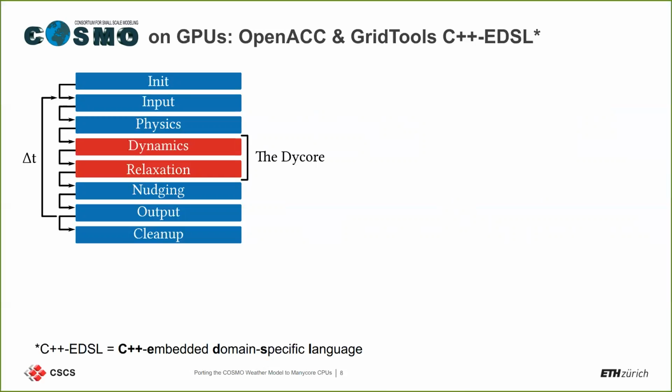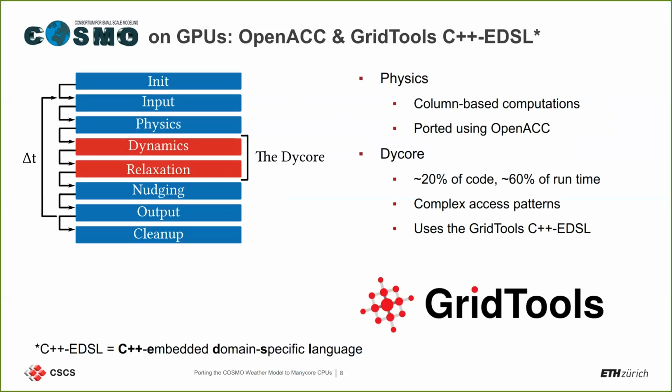You have one part which is called the dynamical core. This is actually the Navier-Stokes solver, really solving the movement of the air and everything else. Then there's another part, the physics part, which is also quite computationally intense and solves only column-based computation, so it's a bit simpler.